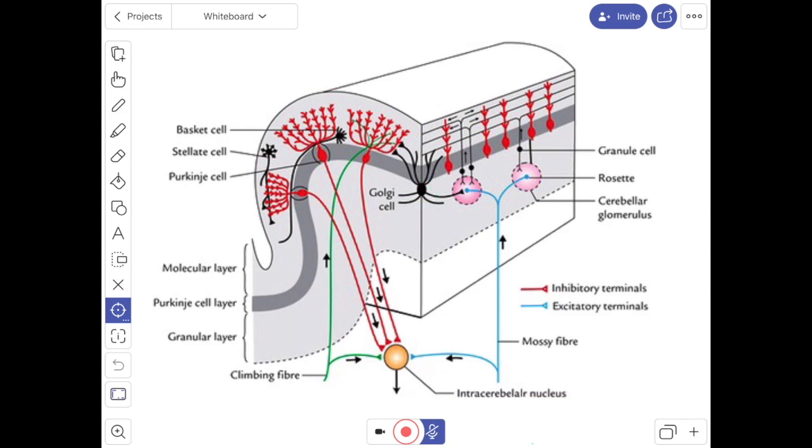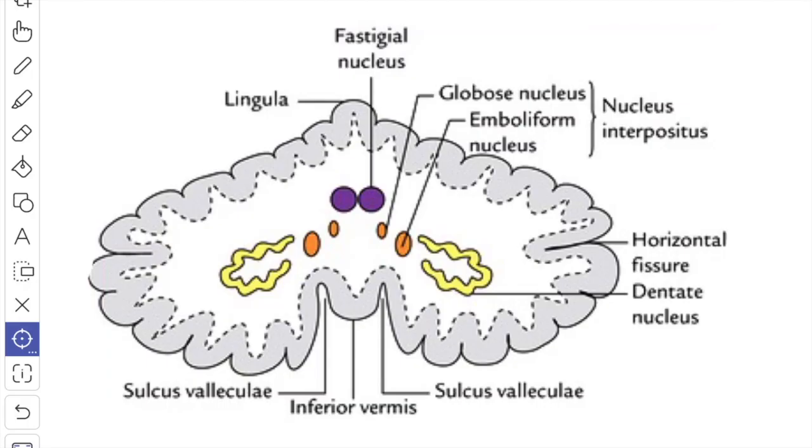All the intrinsic neurons of the cerebellar cortex are inhibitory except the granule cells. Such a collection of inhibitory neurons is not found anywhere else in the CNS. Next we'll see about the intracerebellar nuclei.